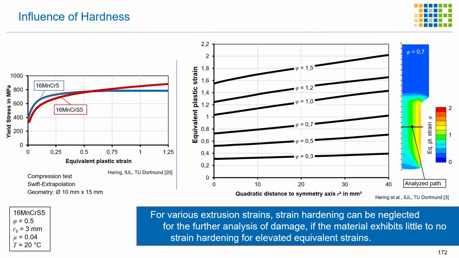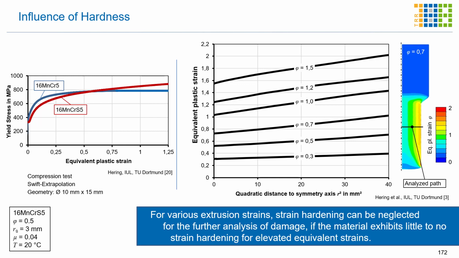One additional piece of information when it comes to the separation of effects: in most cases we only consider one specific extrusion strain, because then we can ensure that the strain hardening on the central axis of the specimen is the same.